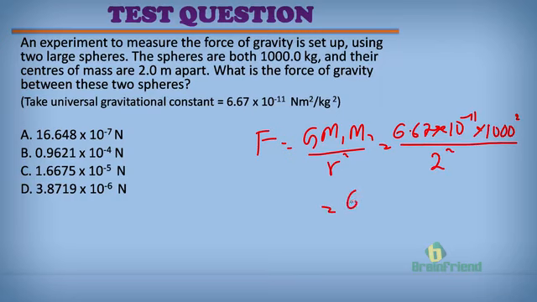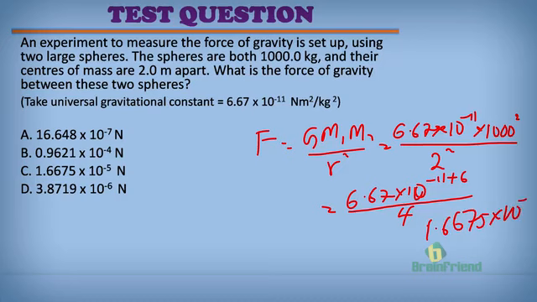This gives us 6.67 times 10 raised to the power minus 11 times 1,000 squared, which will give us 1 million, which is 10 to the power 6, divided by 4. 2 squared is 4. This is simply dividing 6.67 by 4. We have 1.6675 times 10 raised to the power minus 5.